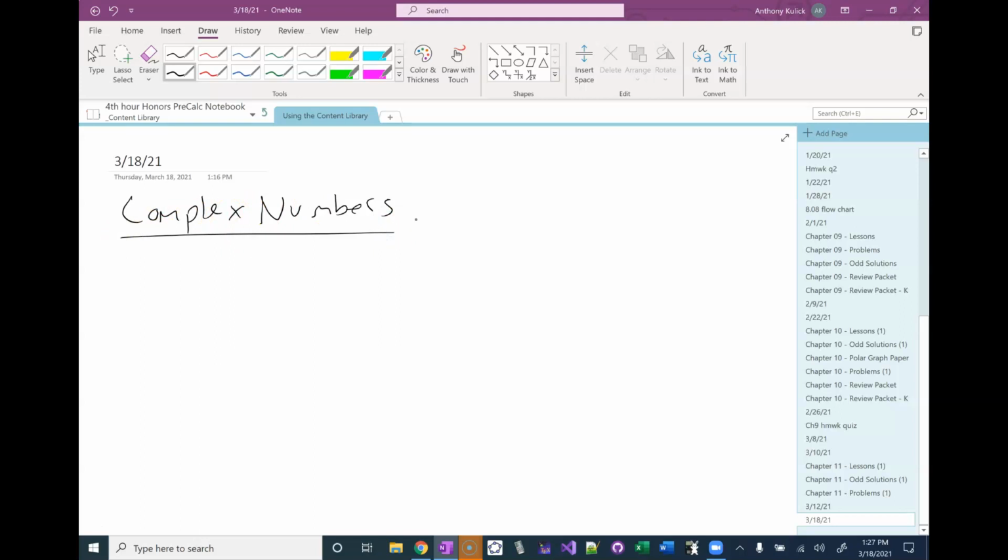If you remember back from your Algebra 3-4 class, the complex numbers, we denote that set with that special C. It's the set of things in the form a plus bi, where a and b are real numbers, and i is the imaginary number that's equal to the square root of -1.